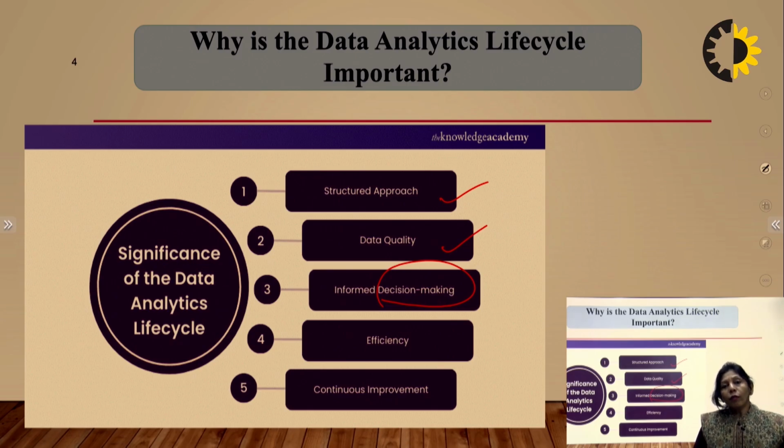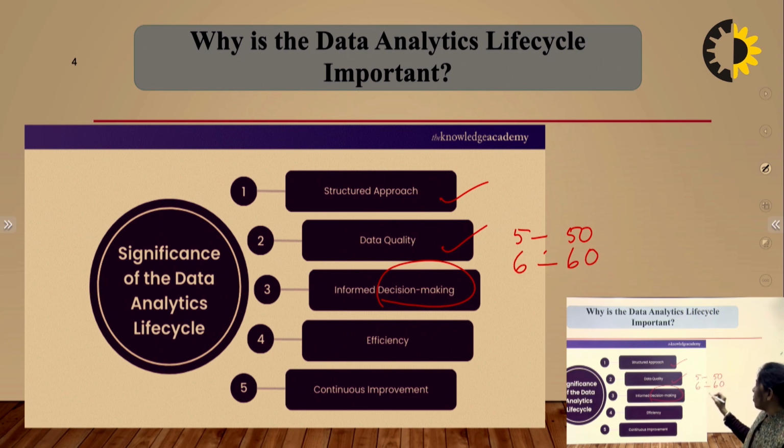But what if we observe that not every time it happens like that? For example, if a student studies for 5 hours and gets, suppose, 50 marks, and if the hours increase, the student gets 60 marks. Again, when the hours are increased, many a time we can see that the marks are not increasing that much.